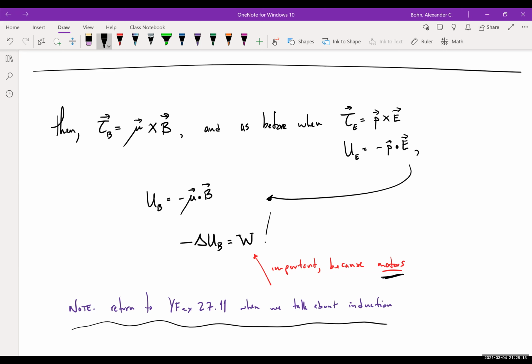We can leverage the natural phenomenological behavior of these fundamental properties, charge and magnetism. We can leverage them to do useful things. And that's big news.